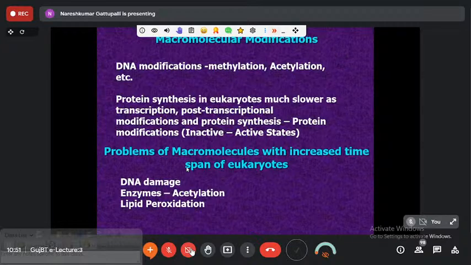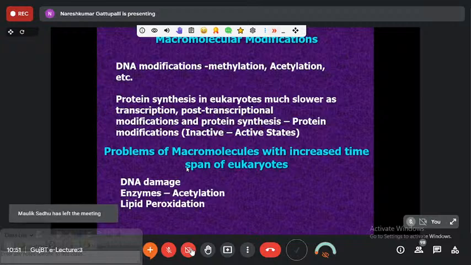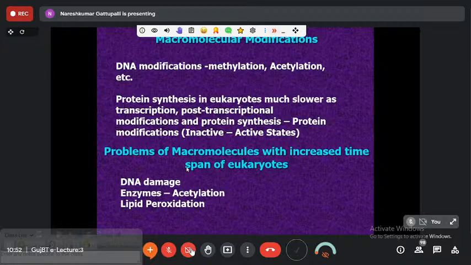But many times, biochemical reactions require very fast responses. So what these cells do is keep proteins and enzymes in an inactive mode, and then convert them into an active state. That involves a lot of protein modification, which requires a lot of energy.